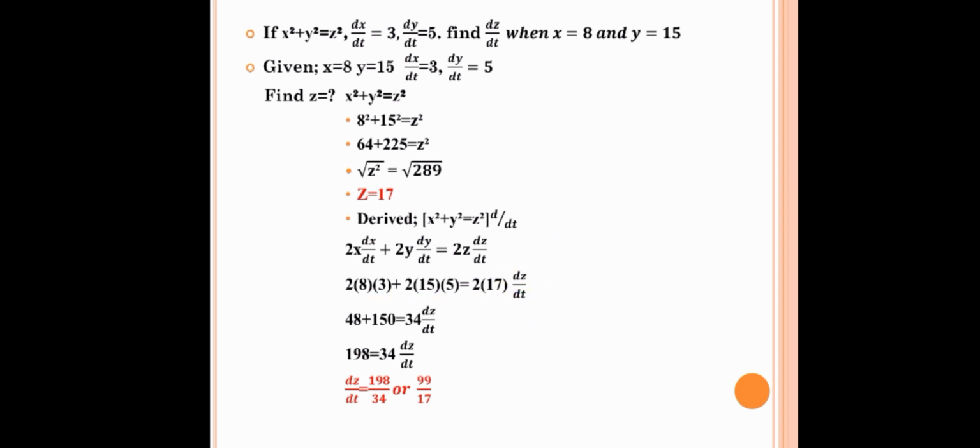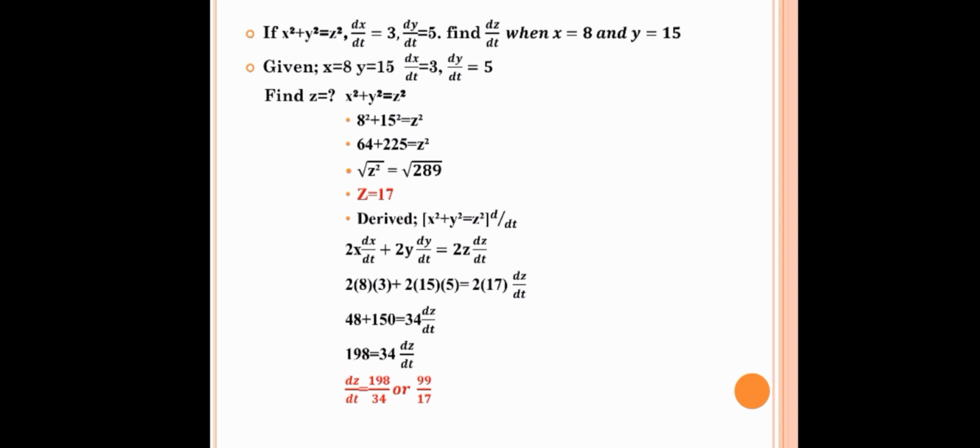Simplify this equation. We have 2 times 8 times 3 is equal to 48 plus 2 times 15 times 5 is equal to 150. So 48 plus 150 is equal to 198, which is equal to 34 dz over dt. To solve for dz over dt, divide both sides by 34.